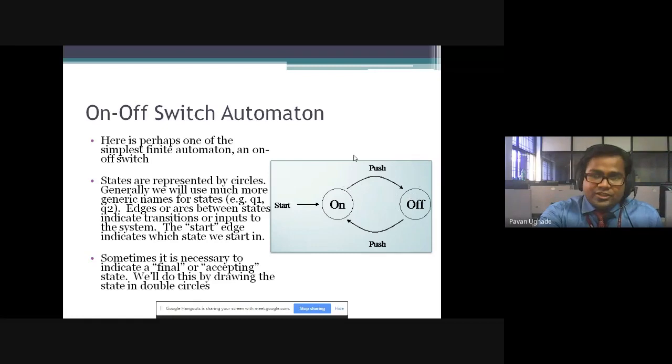And if it is off and I again push it, it is going to be on. Yes or no, guys? And the initial state is the one where it starts. If it is on, push, it goes off. If it is off, push, it goes to on. This is the first automaton you people have drawn.